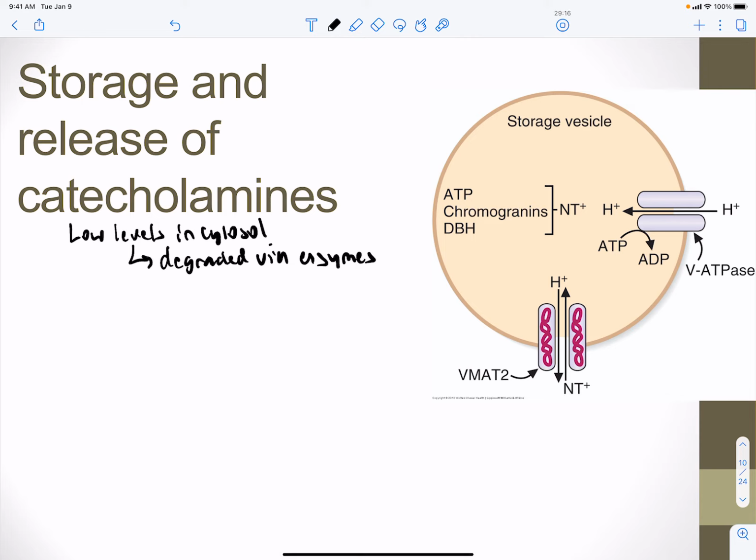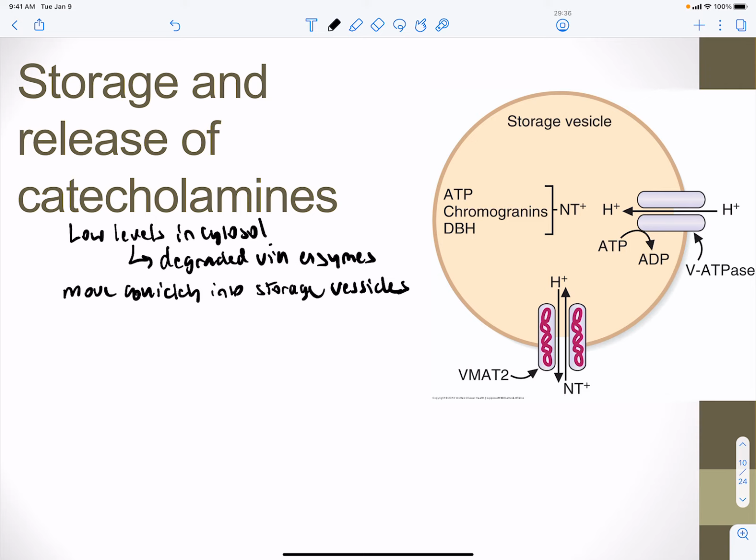And so you're going to want to make these catecholamines and move them quickly into storage vesicles.